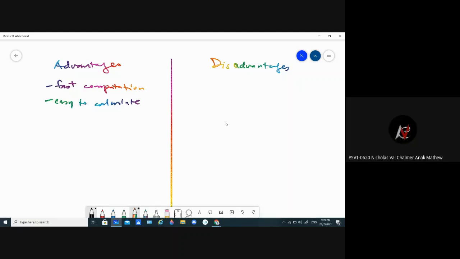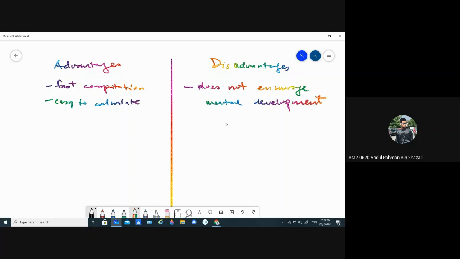Not encouraging brain development, that's for disadvantages. Does not encourage mental development. Okay, what else? Expensive.